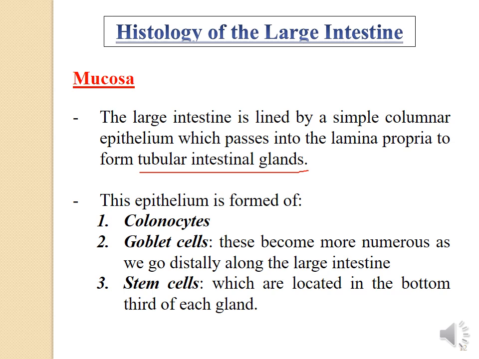Stem cells, these are located in the bottom third of each gland, and as usual, these are undifferentiated, highly mitotic cells that divide and differentiate to form all the other cells of the large intestinal epithelium.